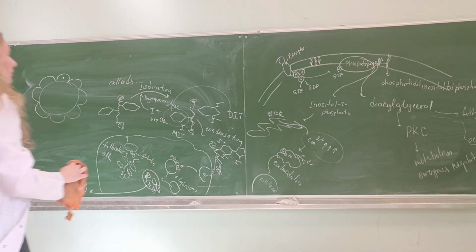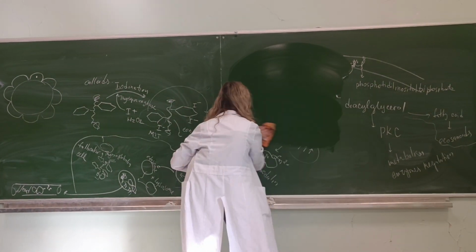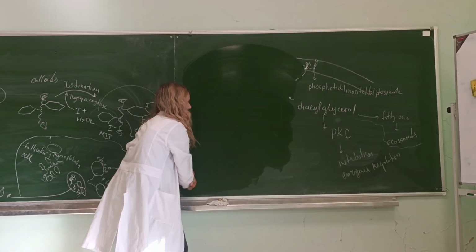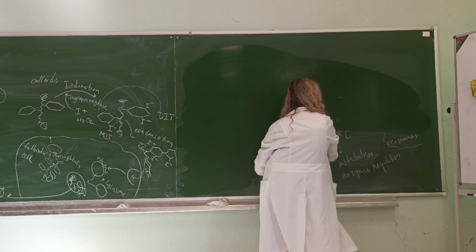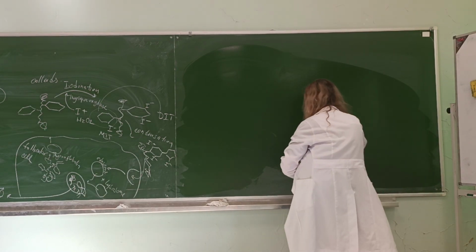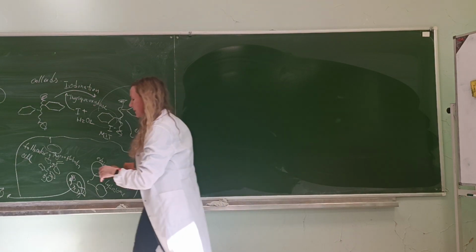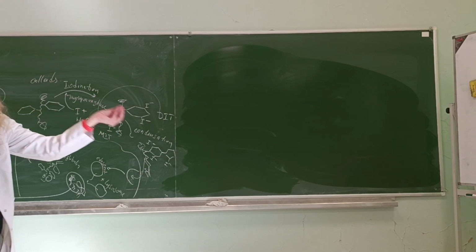In the previous class we already started discussion about insulin, and you know that insulin is a simple protein. It is synthesized in beta cells of the pancreas in the form of proinsulin.